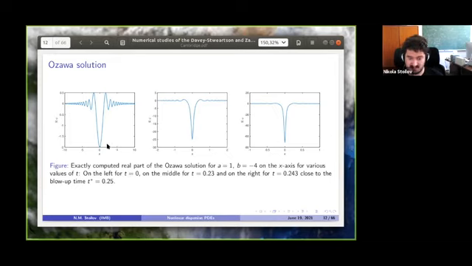So this is the infinity norm of the real part of the Ozawa solution. It has high oscillations in the beginning around t equal to 0, then the oscillations smoothen out and all the mass goes into the peak.